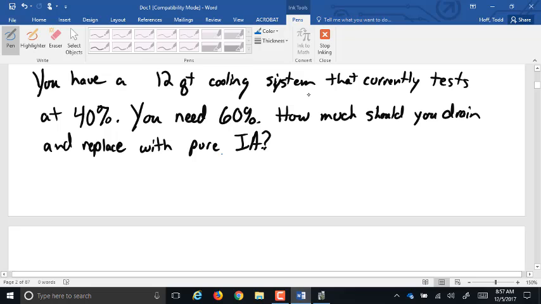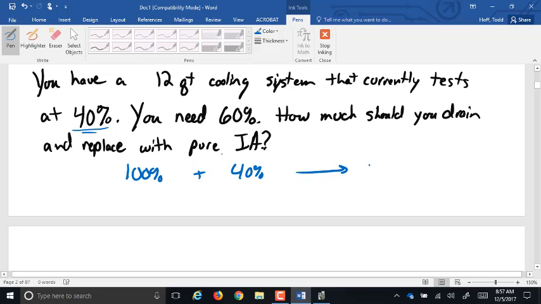So what two things are we mixing here? So you have pure with already mixed. Your pure is what percent? 100%. And you're mixing with the already mixed, which is the 40%.